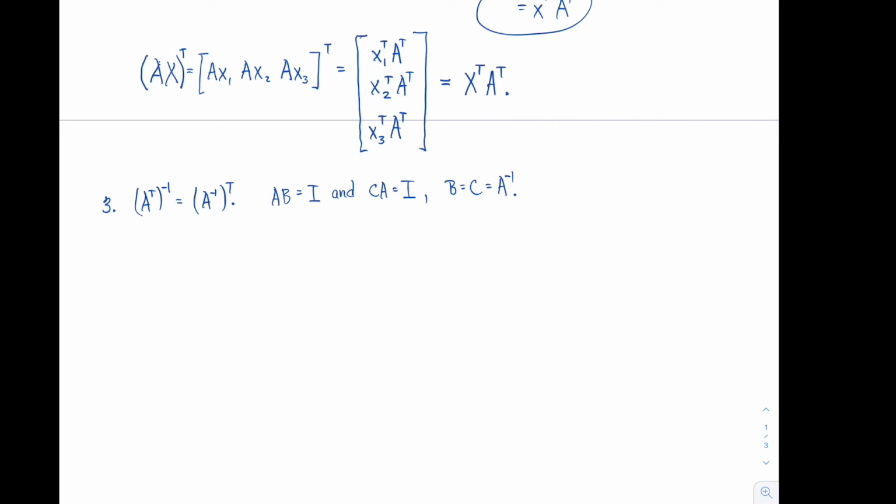Okay, let's apply this. So suppose we have the matrix A times A inverse. Let me clean that up a little bit. I know that I is equal to A times A inverse.